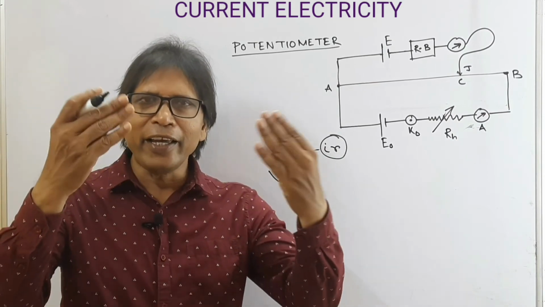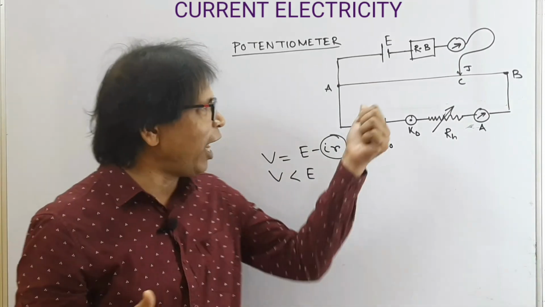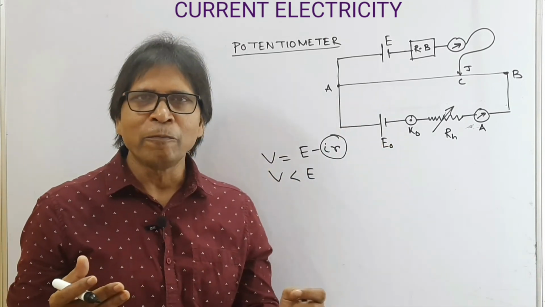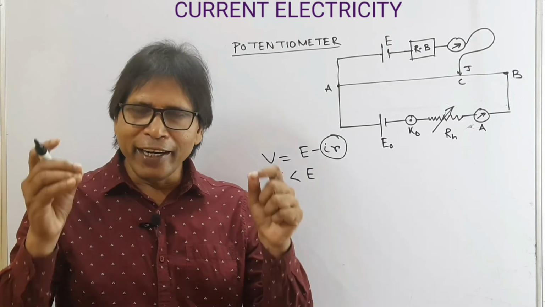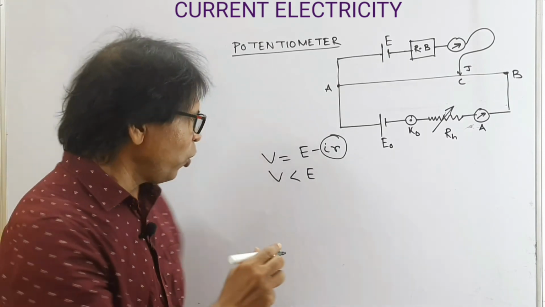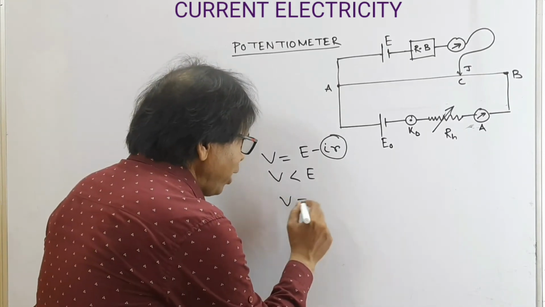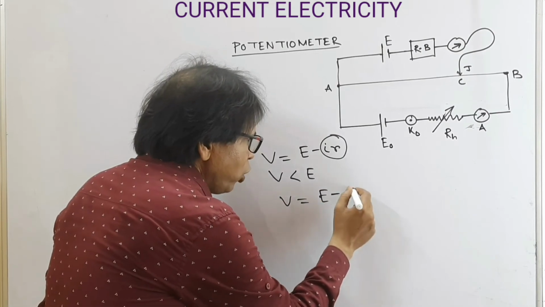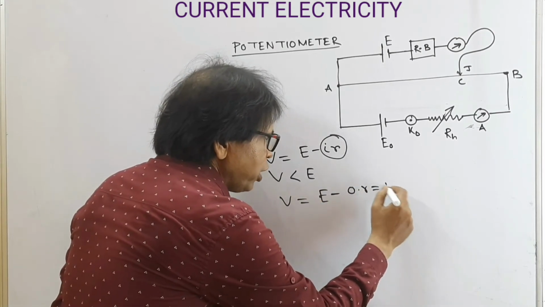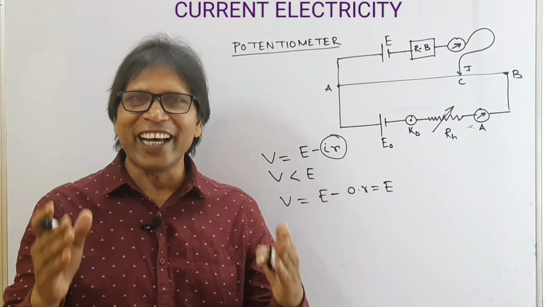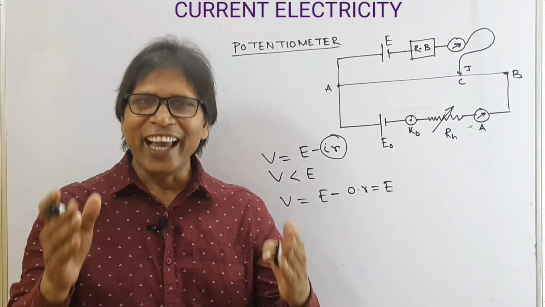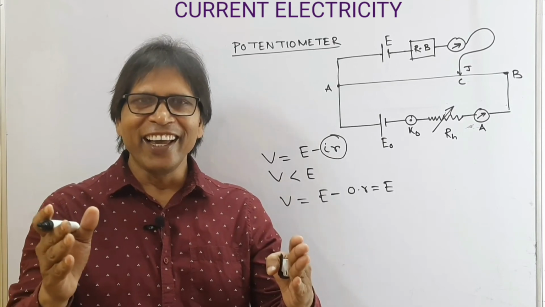If we measure the EMF of a cell with the help of a potentiometer, the current through the cell at the null point is 0. So V equals E minus 0 into r. So V equals E. So a potentiometer measures the EMF of a cell accurately. Okay.